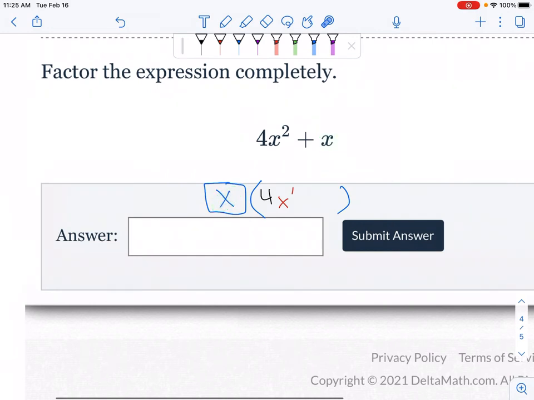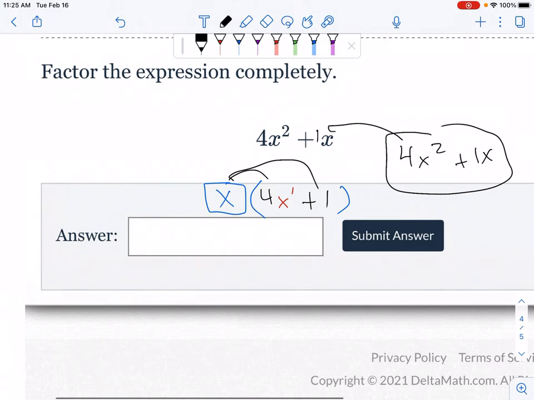It zeroes itself out. 1 minus 1 means there's going to be 0 x's for me to write down over here. But there is a 1 next to this x, so I have to leave a 1 in my answer. Just remember, if we were to multiply this up, x times 4x to the first would make 4x to the second, and x times 1 would make 1x, and that's what we started with, okay? So we're reverse distributing. So my answer here is x on the outside, and then 4x plus 1 on the inside.